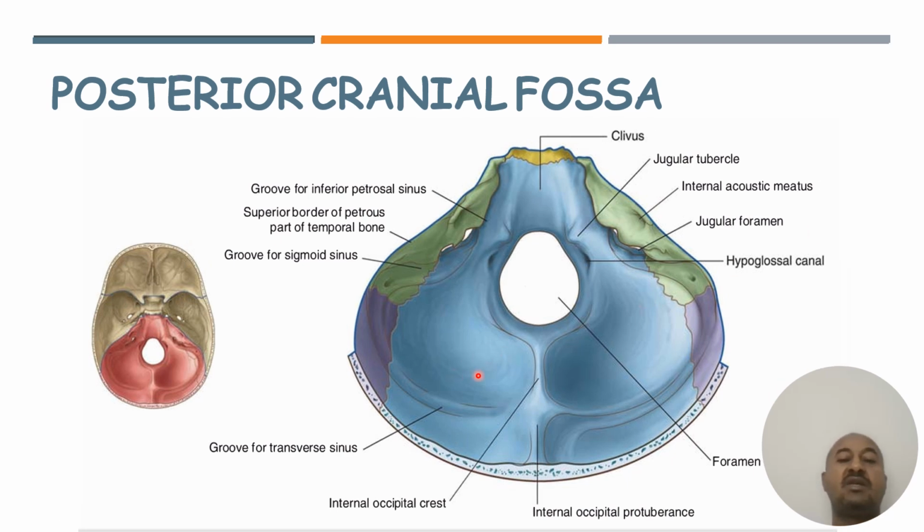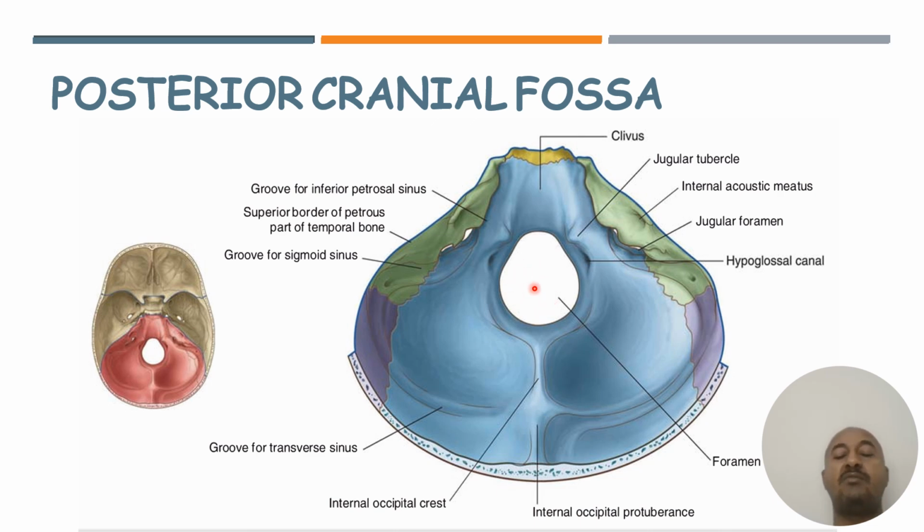Okay, let us study the foramina that are found in the posterior cranial fossa and the structures that pass through these foramina. So the key foramina in the posterior cranial fossa include the foramen magnum, which is here, actually the biggest foramen in the base of the skull in general.